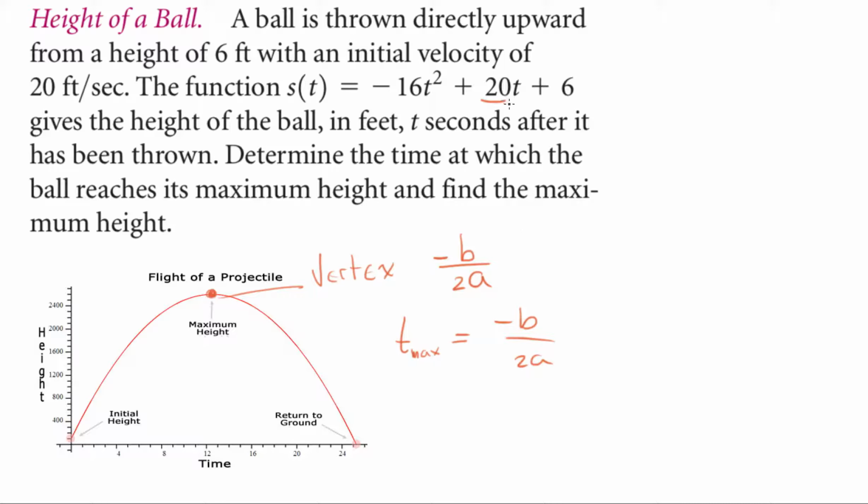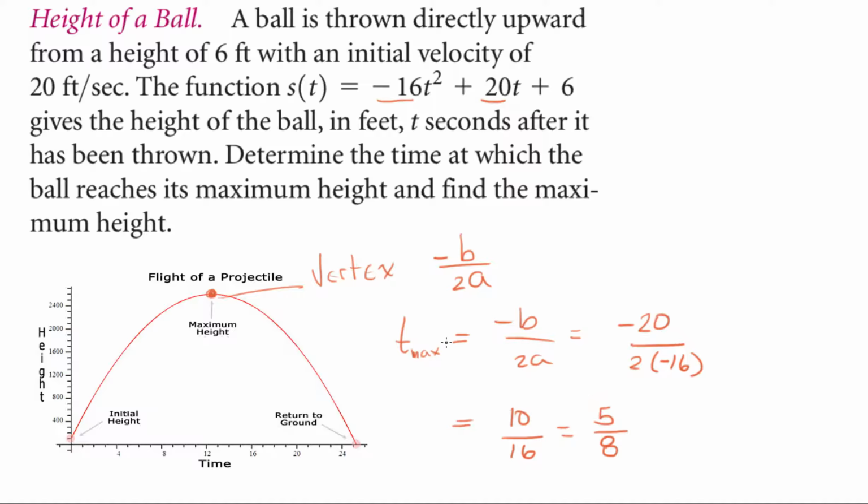B here is 20. And what's a? A here is negative 16. So this becomes negative 20 over 2 times negative 16. And that gives me, well, negative over negative is positive, 20 divided by 2 is 10 over 16, which can be simplified to 5 over 8.